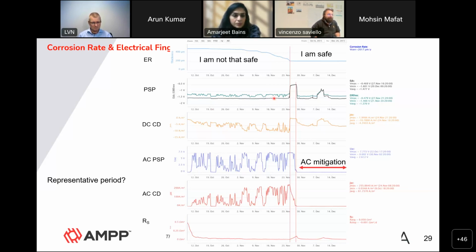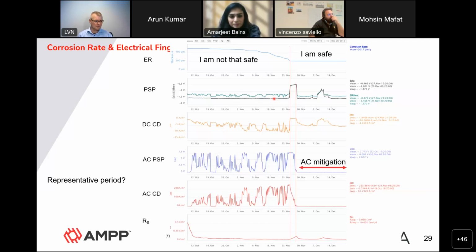So that's a little tricky, I know about that. AC puts everything upside down. And you need to understand that in order to mitigate AC corrosion in a proper way.